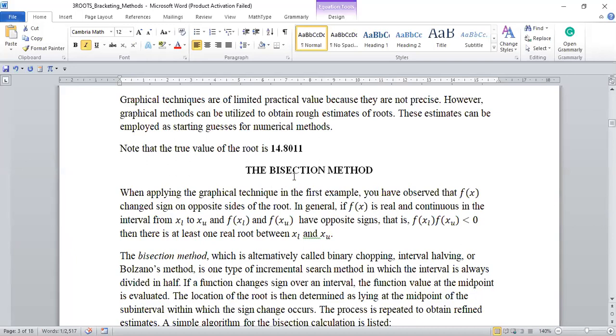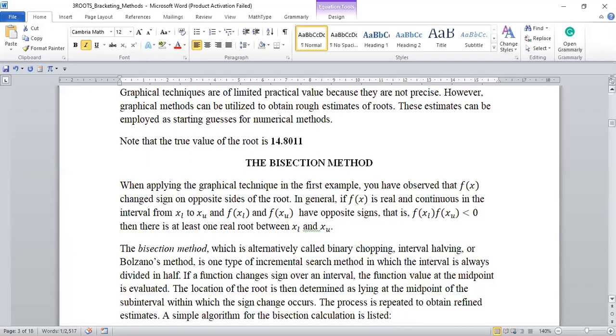The second method is the bisection method. The bisection method simply makes use of the fact that the root occurs when there is a change in sign of the function.